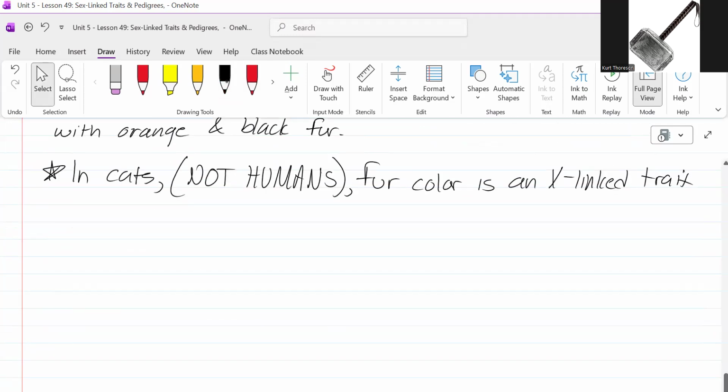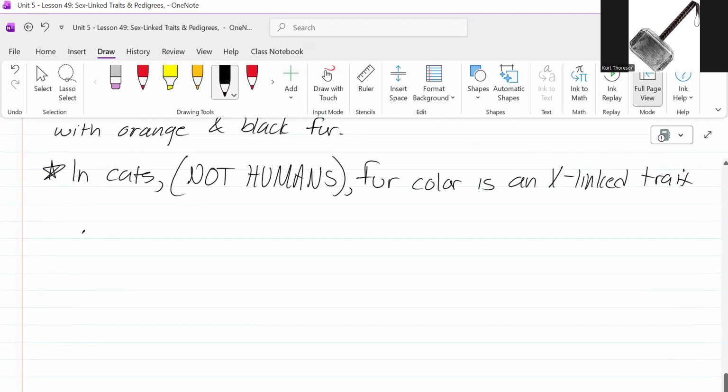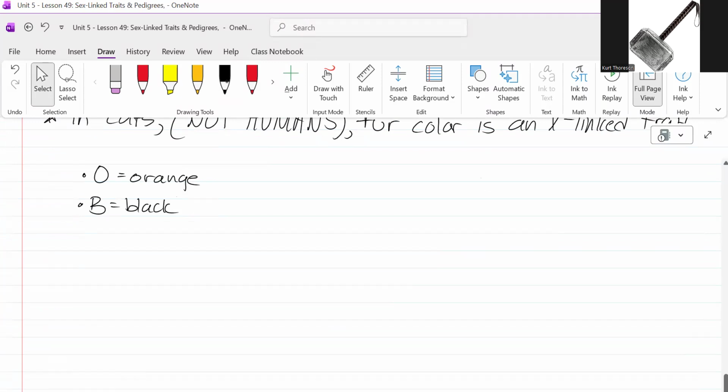Okay? So let's kind of go through it. Here are the alleles. If you have an O, that's orange. If you have a B, that's black. It's X-linked. All right, so check it. Here's a female.